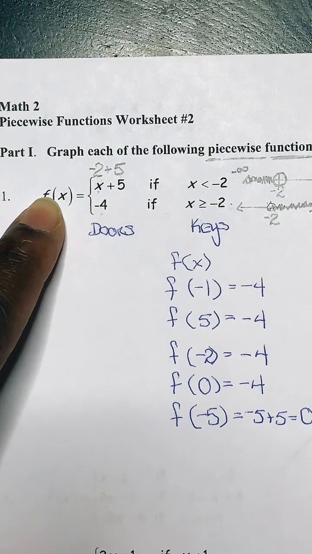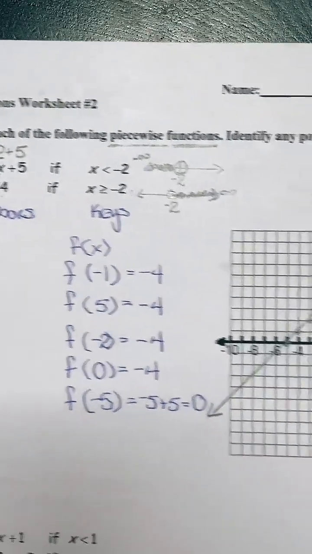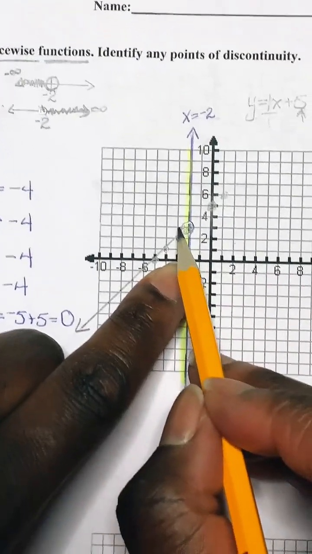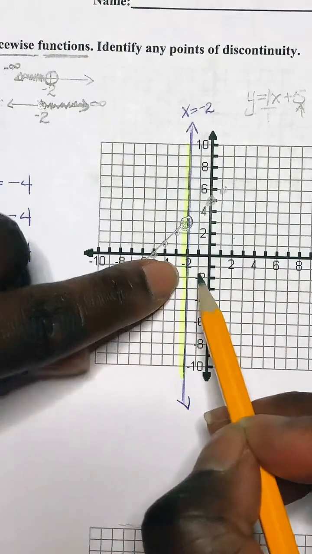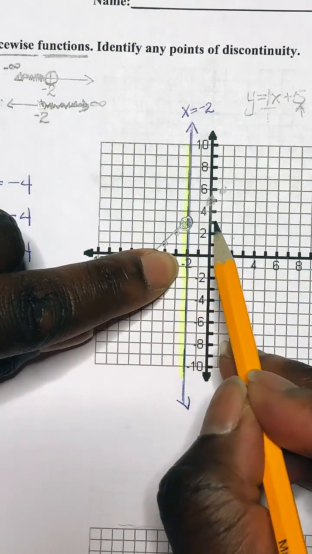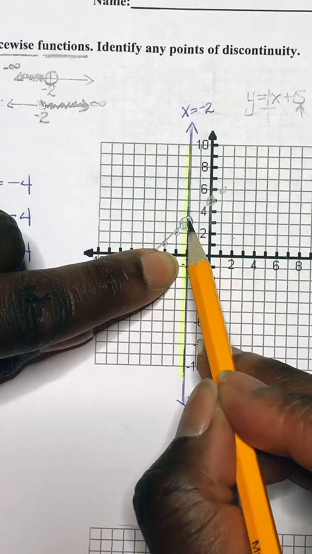Because this might be a little bit easier. So -2 plus 5 is 3, right? Is 3. Good. Notice where we put the circle. The open circle. When x is -2, my y value was 3.